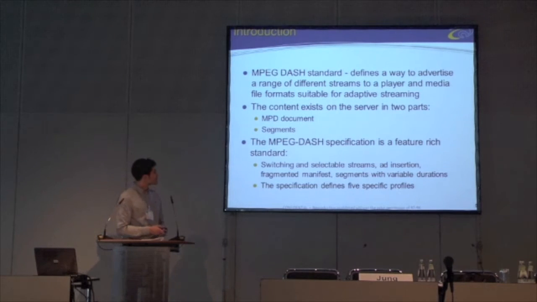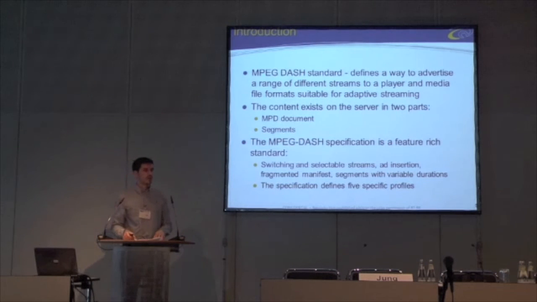MPEG-DASH is very rich in features, and some of those features include switching and selectable streams, ad insertion, so advertisements can be inserted between segments or between representations, and fragmented manifest segments with variable duration. The specification also defines 5 specific profiles, and each of these profiles addresses a different class of applications.